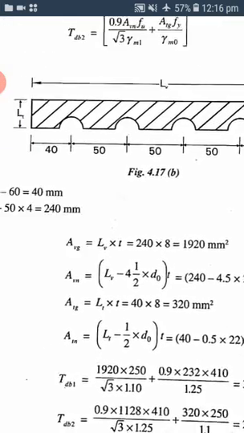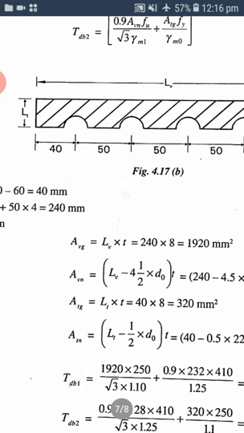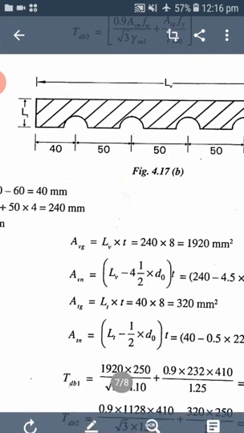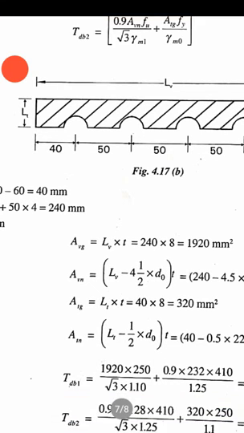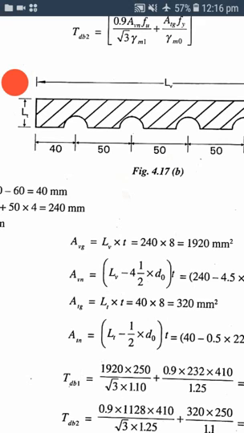Similarly, ATG is the gross area, LT into T. Then ATN will be what? How many bolt holes have been cut? Half, here. So when you take from here, only half has been cut. So ATN is LT into T minus half into the diameter of the bolt hole into T.